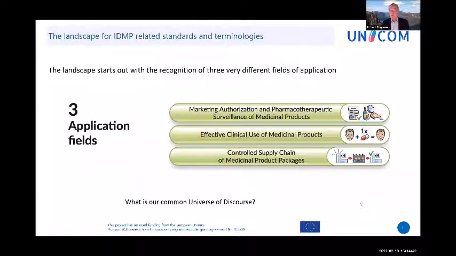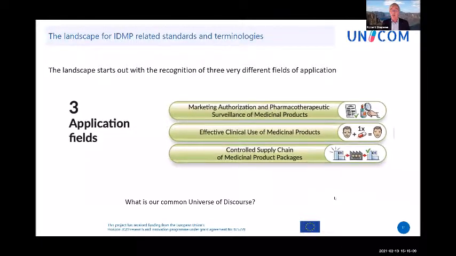And of course, there's also the physical product that we need to take care of. And that's where the supply chain comes in, including things like the Falsified Medicines Directive and other ways of really controlling that supply chain so that nothing goes wrong. So those are the 3 application fields that we've identified. And of course, everyone plays a role.